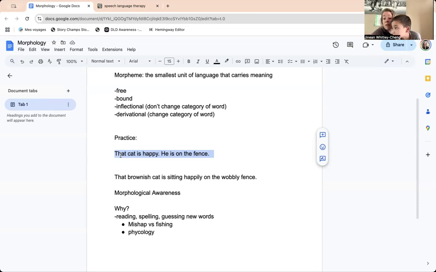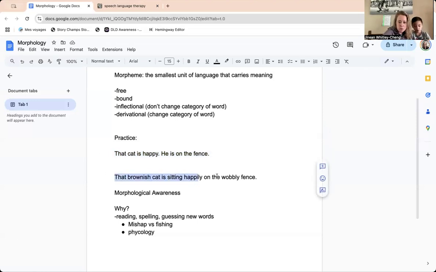So now I have another example of a sentence that is more morphologically complex, or it sounds like a more advanced sentence, because we've added on a lot of bound morphemes as well. So I would like you to now try counting out the morphemes in this sentence. Pause the video, count them out, and then when you're ready to go along with me, you can start the video again.